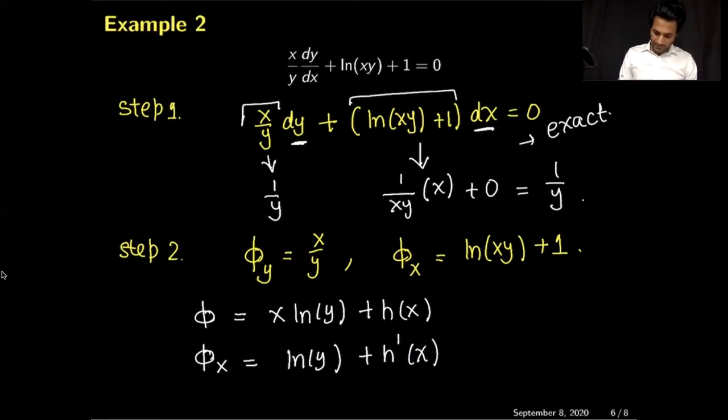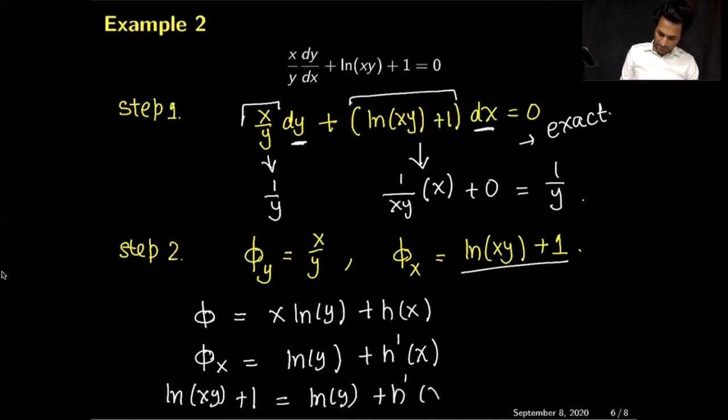And since phi x is given here, I can write natural log of xy plus 1 is equal to natural log of y plus h prime of x. Now we have to do a little bit more simplification.